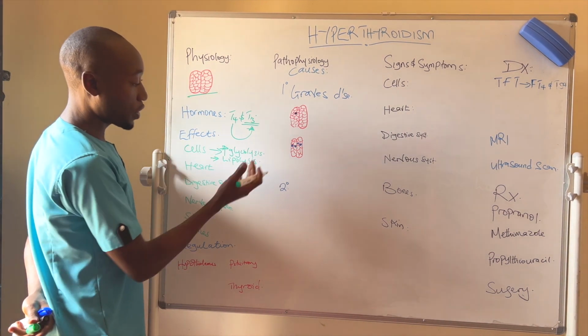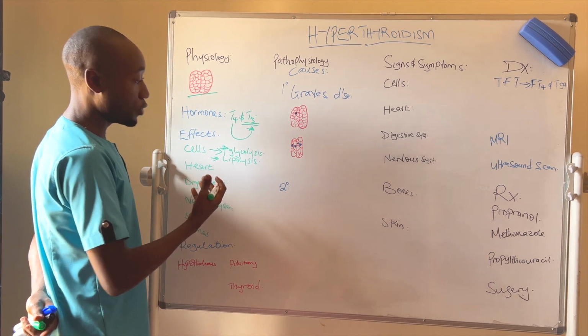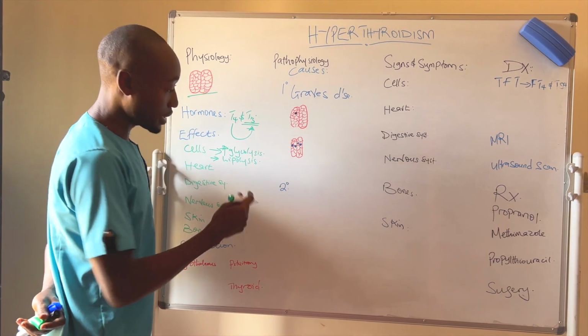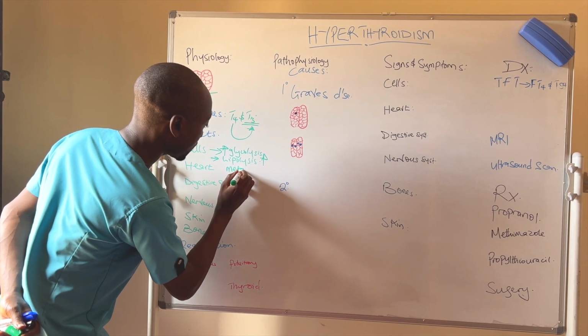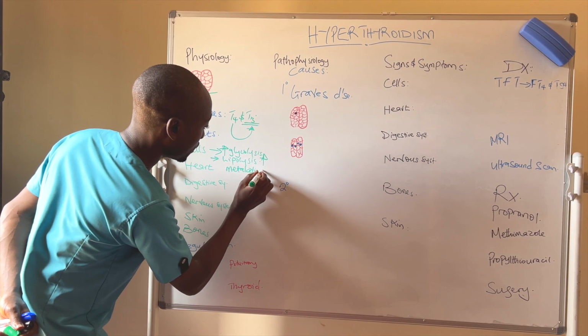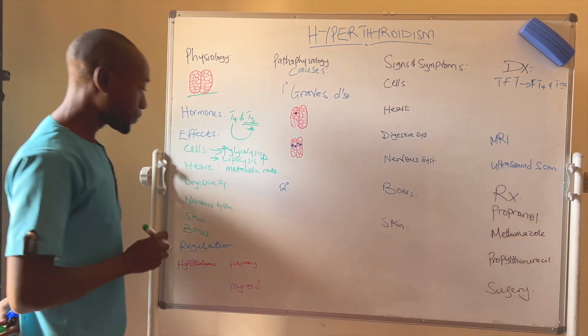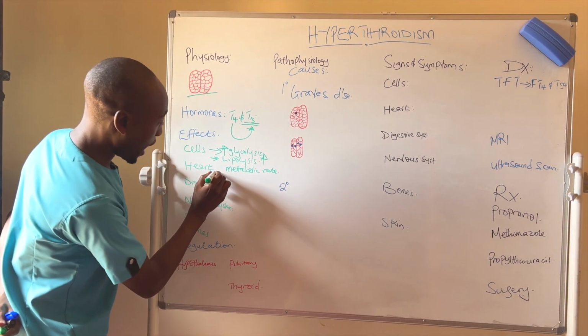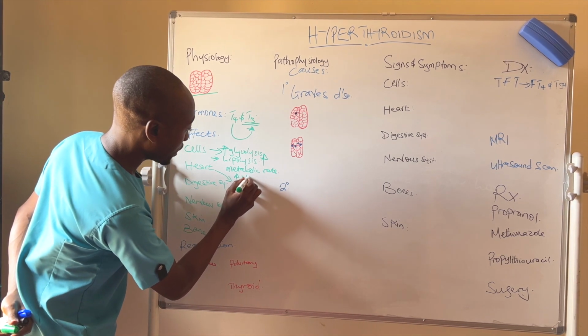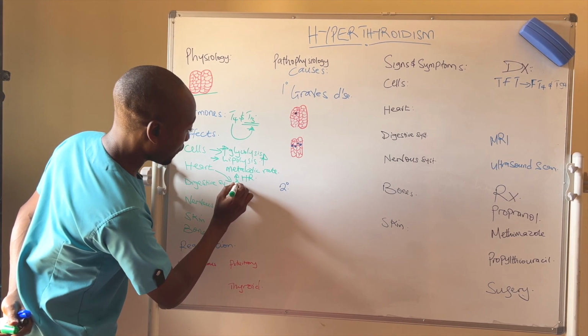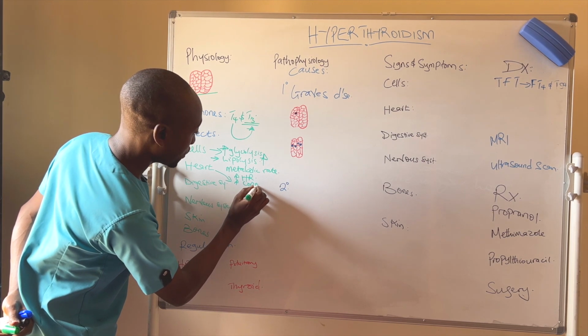As you increase glycolysis, lipolysis, and glycogenolysis, you are increasing what we call the metabolic rate. Also on the heart, these hormones increase the heart rate and the force of contraction.